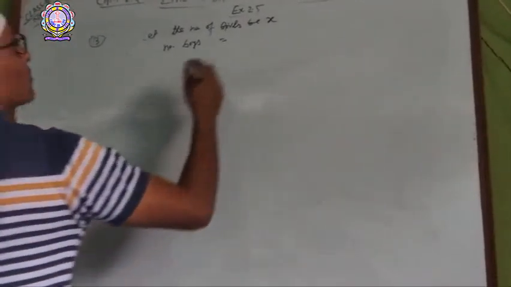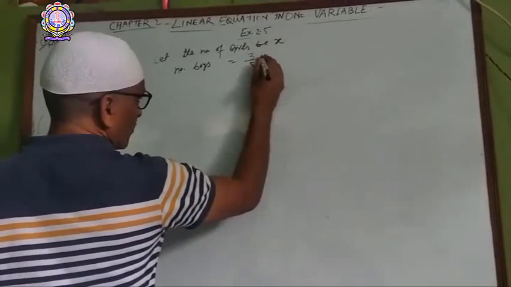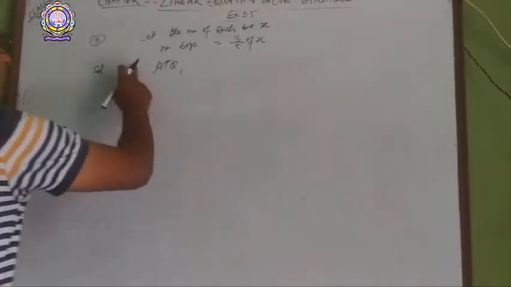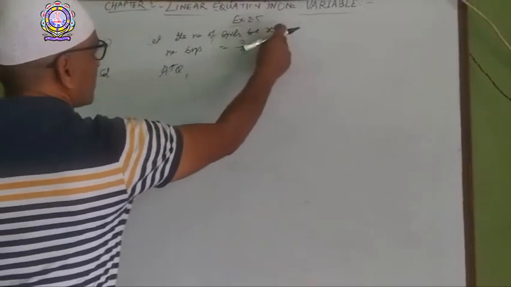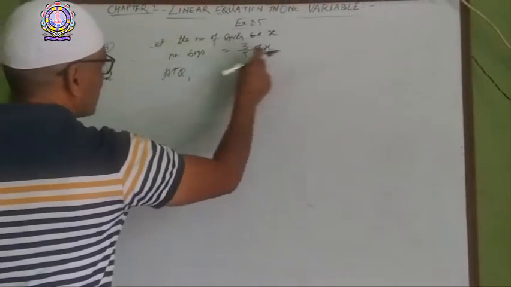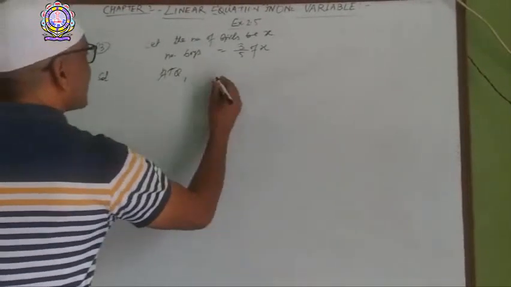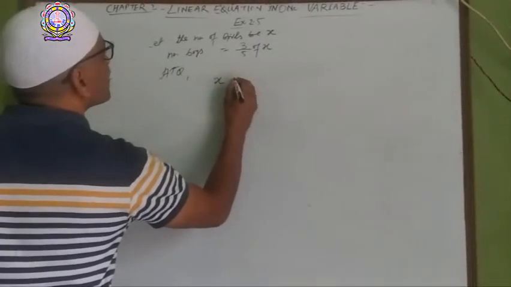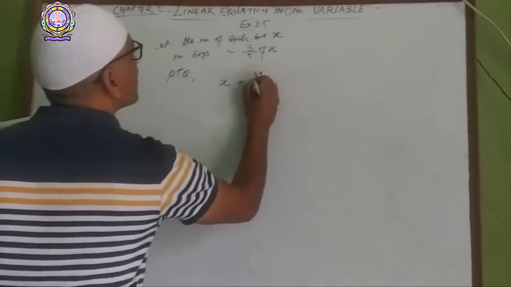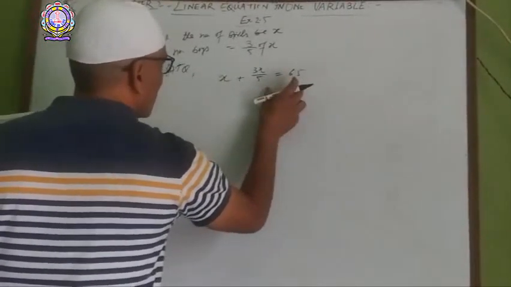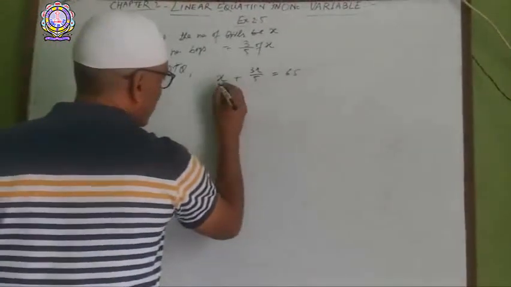Here, x is the number of girls in the class, and 3x upon 5 is the number of boys. The total number of boys and girls is x plus 3x upon 5 is equal to 65, because the total number of students is 65. Okay, now solve this equation.